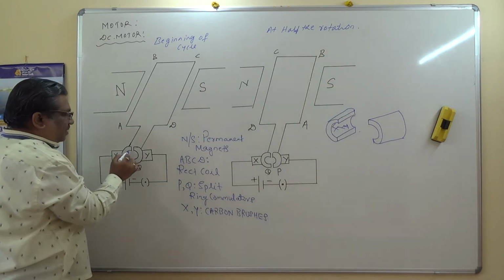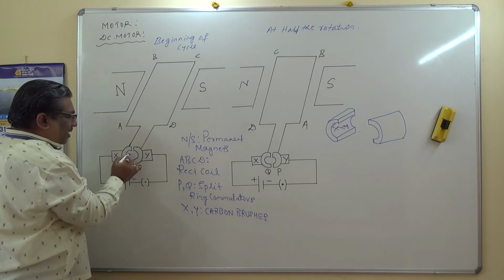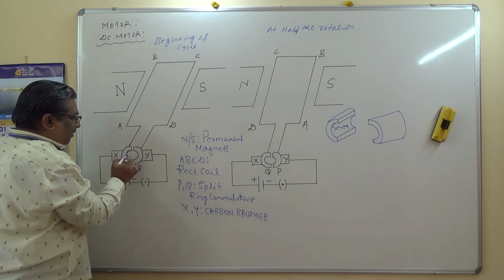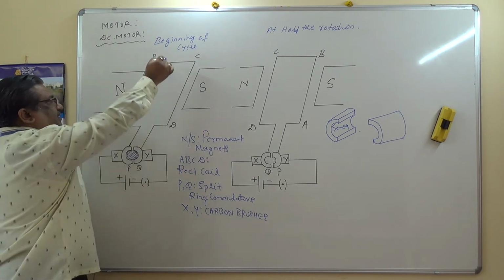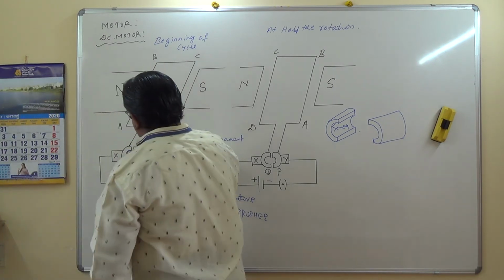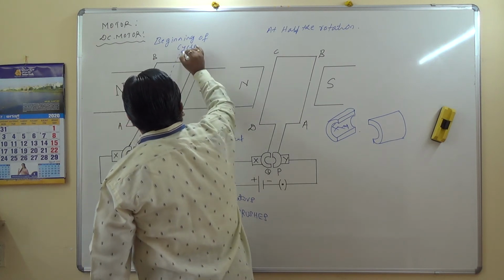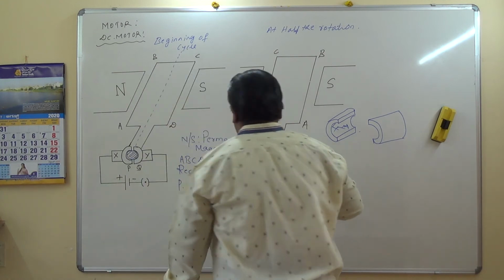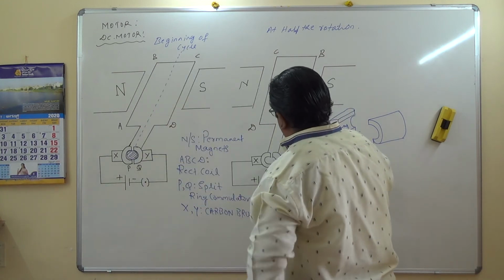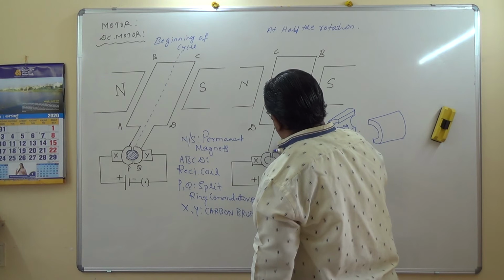This part, the split ring commutator, is placed on an axle. What is an axle? This is a central axis to which we can connect a fan or a washing machine or something like that.